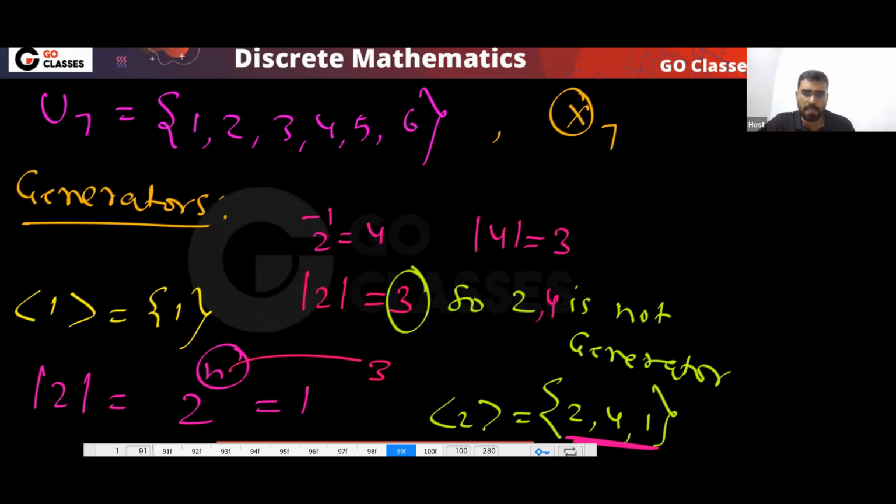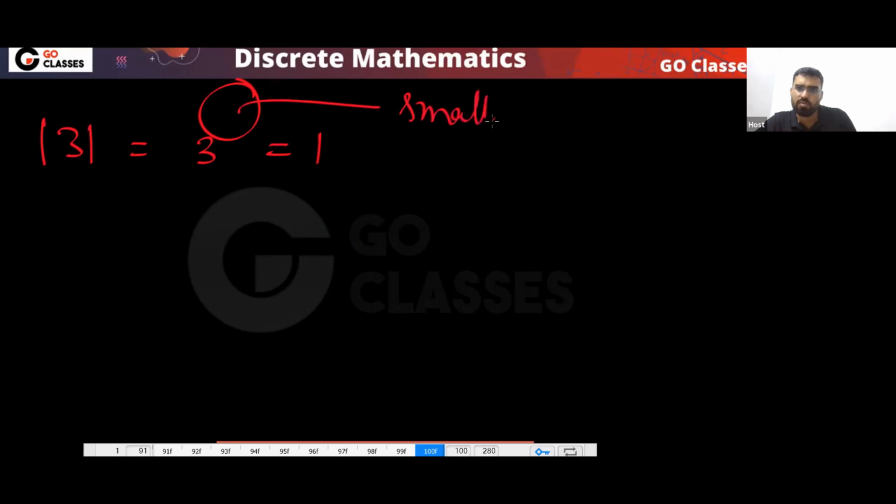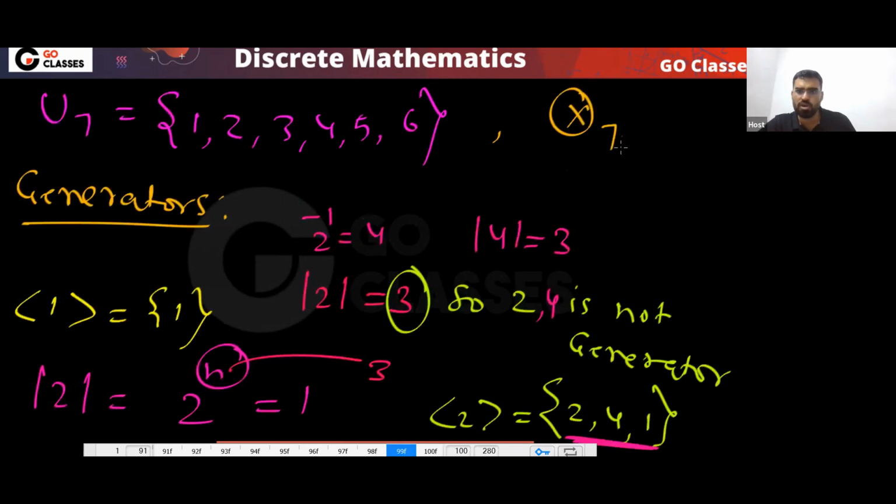What about 3? What is the smallest positive integer that will give you 1? You have mod 7.